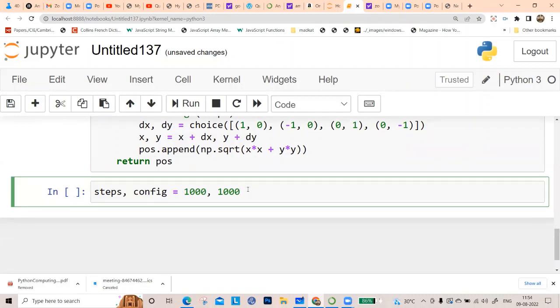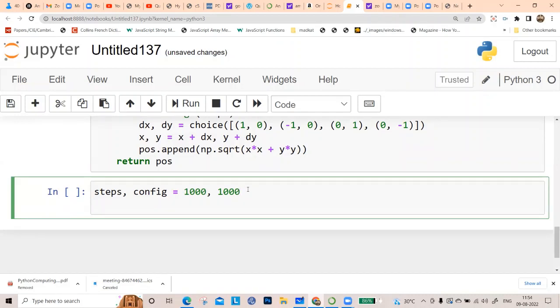Now I can call this walk with steps. Inside, I can write it as a list comprehension. Let me call this walk with steps. This way, one walk is generated, and how many times?